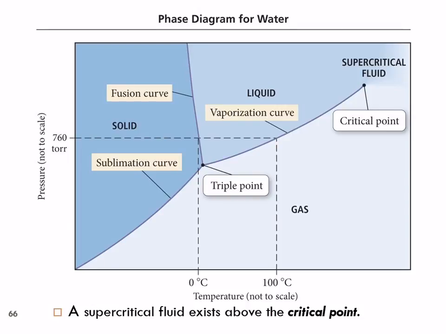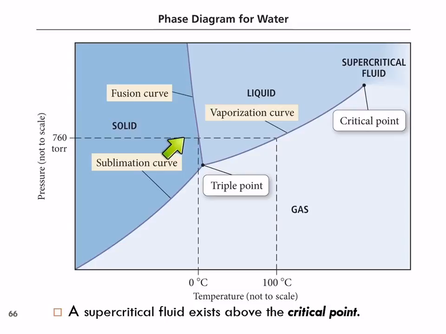So here is the phase diagram for water. So here's temperature, and this is not to scale. At 0 degrees Celsius and 1 atmosphere of pressure, we know that water is in equilibrium between a solid and a liquid. And so at that point, it's on the fusion curve.